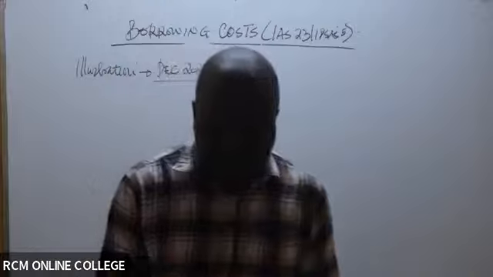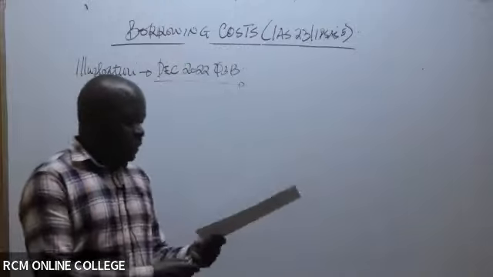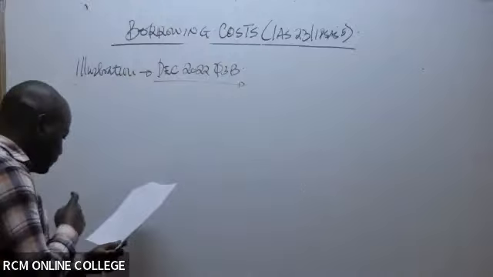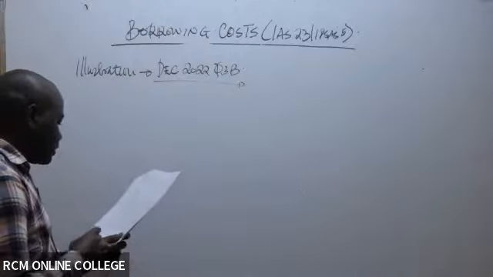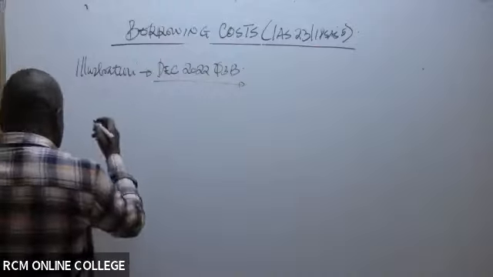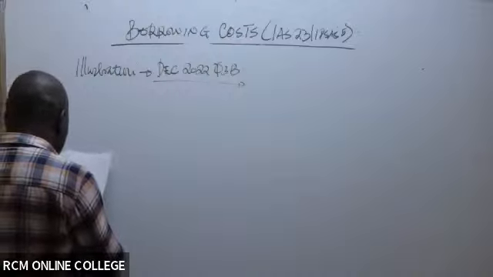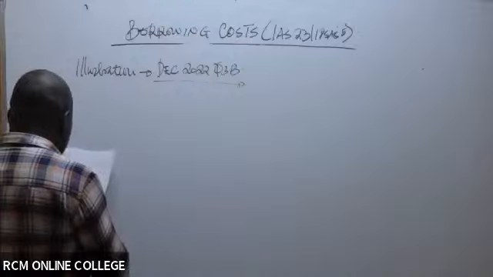in this particular question. So if you go to the question, you've actually been told that Sayari Limited obtained a 10% loan note amounting to 24 million on 1st of January 2021 to finance the construction of a new factory.